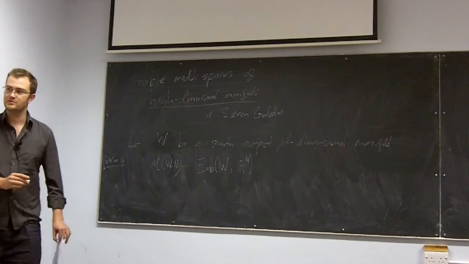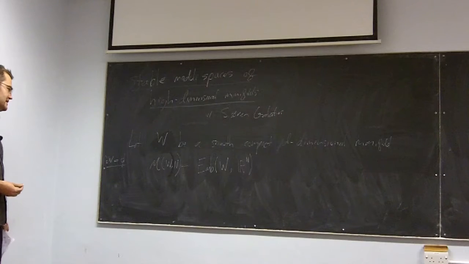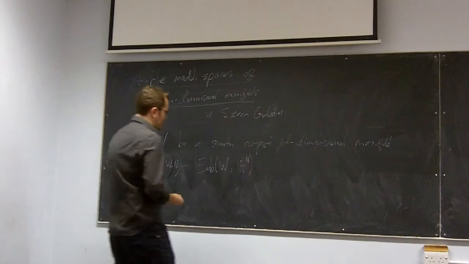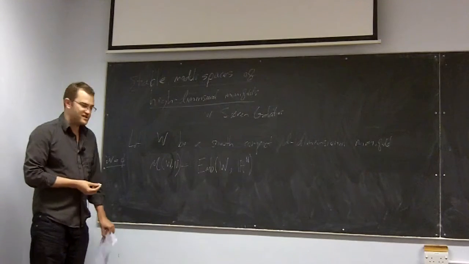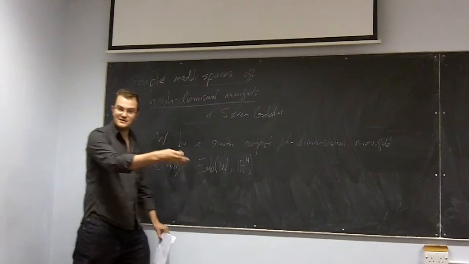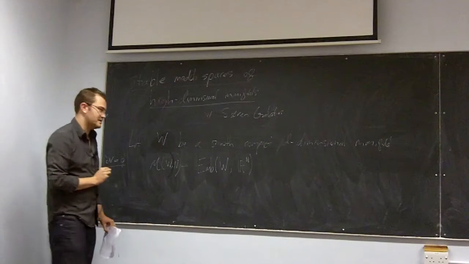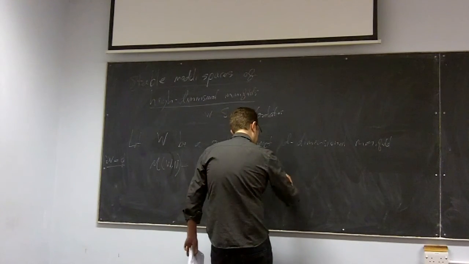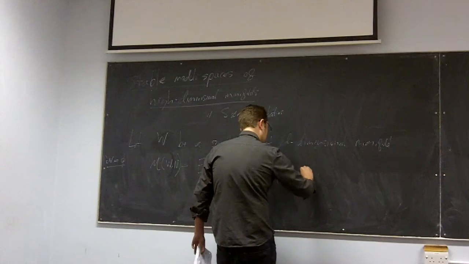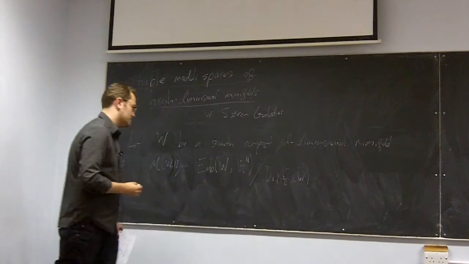I'll tell you how to deal with the case of manifolds with boundary in a moment. And now on this space, the diffeomorphism group of W operates by precomposing an embedding with a diffeomorphism, and then you get a new embedding. And I can divide out by the diffeomorphism group of W. Okay?